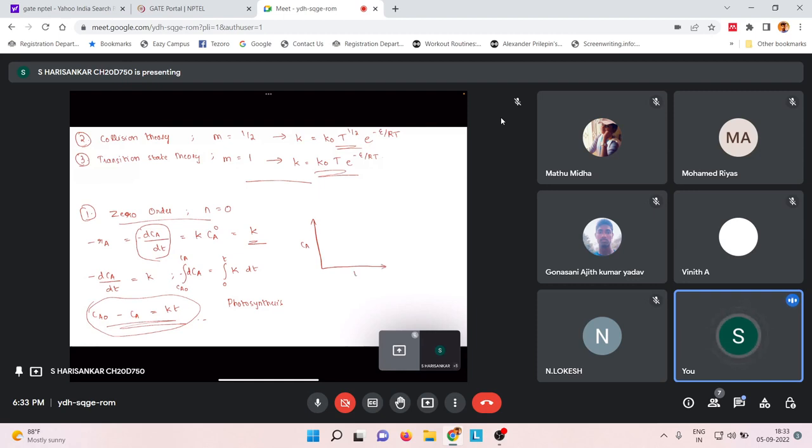The plot will come something like this, where the slope is k, because this is pretty much an equation which represents y equal to mx plus c, right? So at time t equal to 0, Ca will be Ca0.